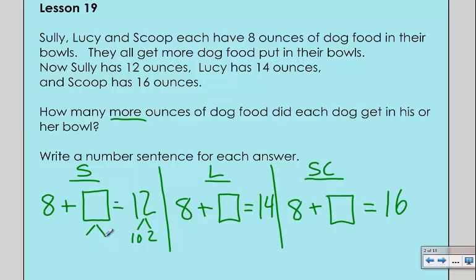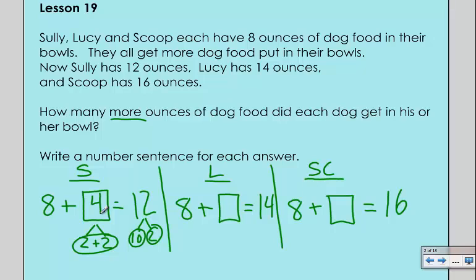Well, I know 8 and 2 make 10, and then I've got to figure out how much more is left. So I just made 10, and it looks like I have 2 left. So 2 and 2 make 4. And if I count on from 8, 9, 10, 11, 12, that's 4.